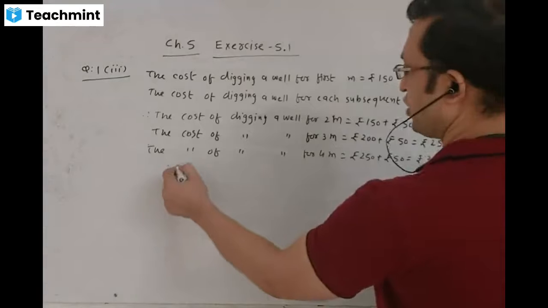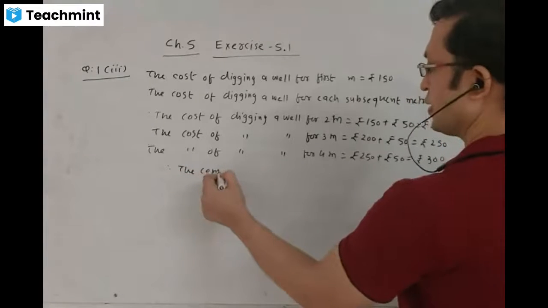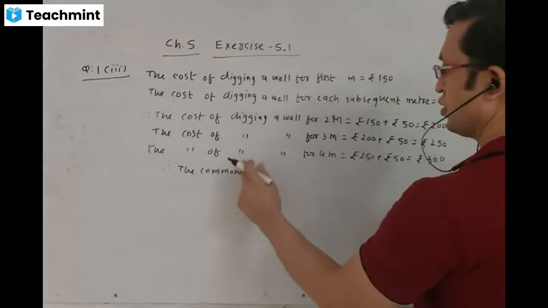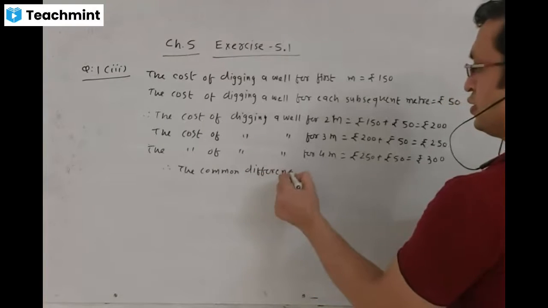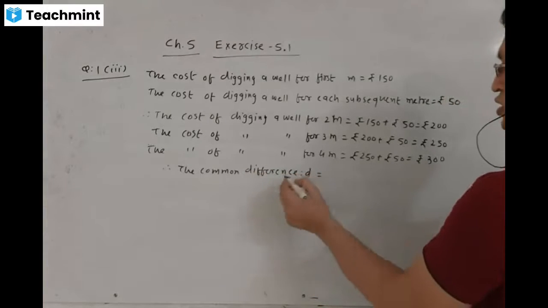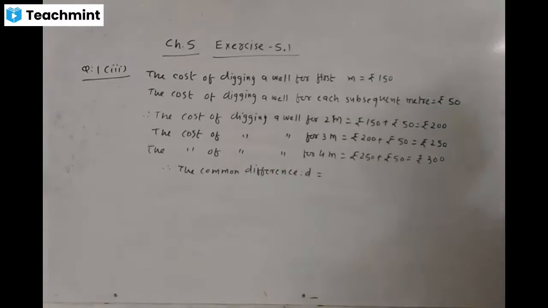Therefore, the common difference D is the difference between two consecutive terms: second term minus first term, rupees 200 minus rupees 150, that is equal to rupees 50.